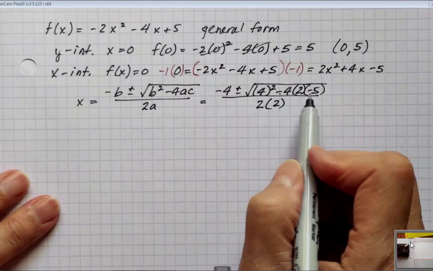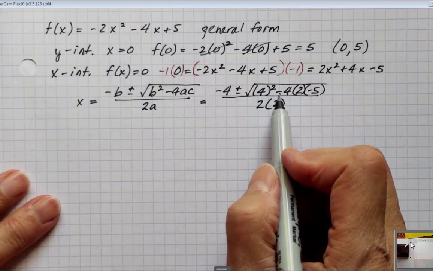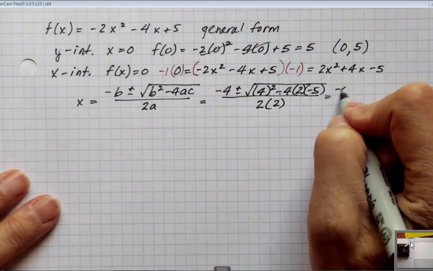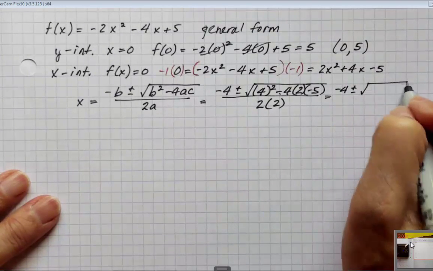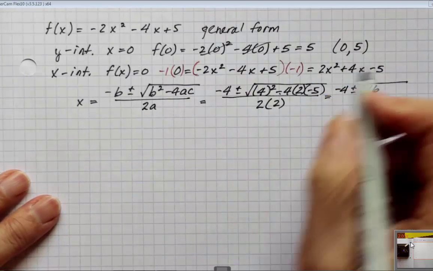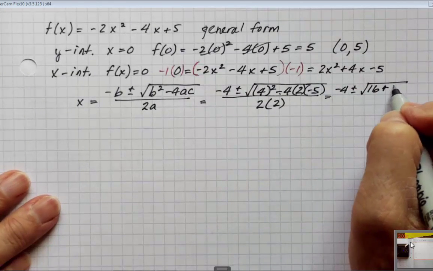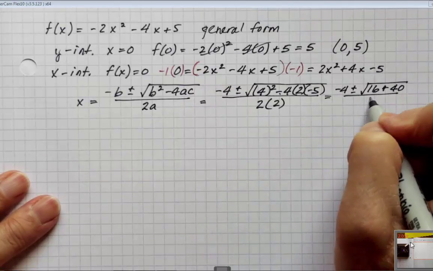Be careful when you go to multiply these second terms, you're going to be having a positive. So it becomes negative 4 plus or minus the square root of 16 plus 40, all over 4.